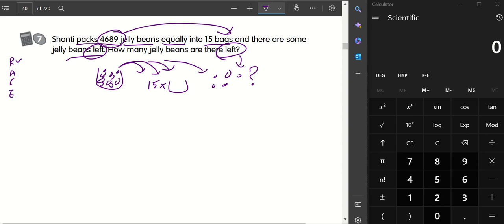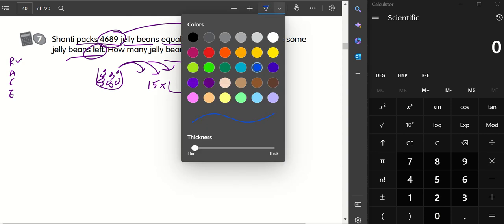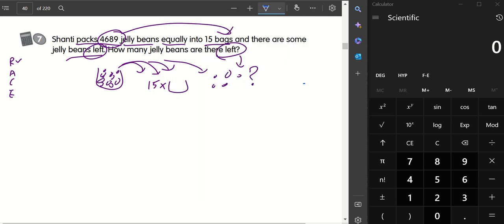Now, for some of us who are quite good with model drawing, you would probably be thinking, how do I represent this as a model? So you have some bags, 15 of them, each of them having some amount, and then you have these beans here that didn't get packed.